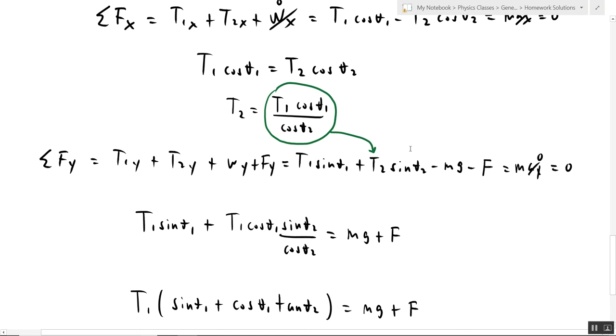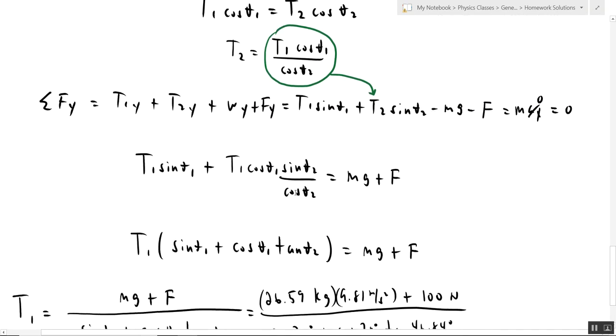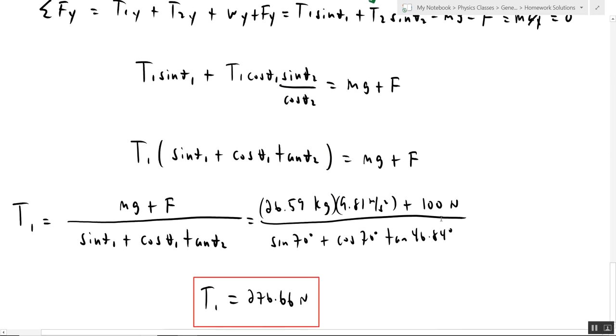And then I have a sine theta 2 left over. So this becomes tangent of theta 2. Then I factored out the T1. So you get T1 times sine theta 1 plus cosine theta 1 tangent theta 2 is equal to mg plus F. And then you just divide by the parentheses, and that gives you what T1 is now with this extra force.